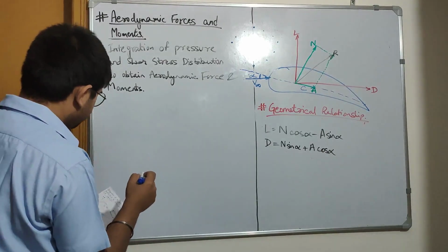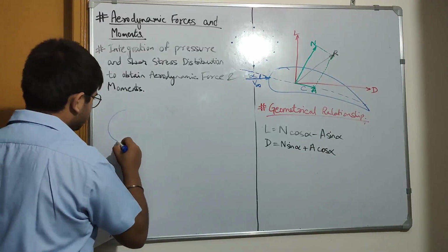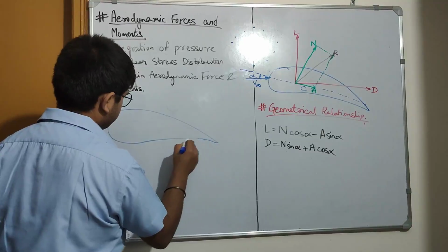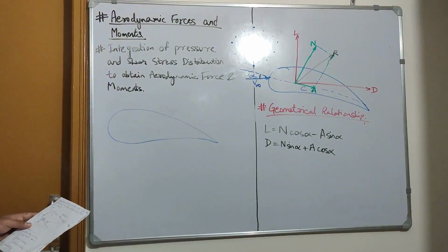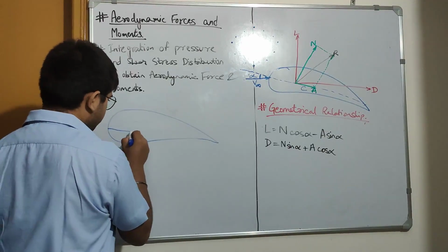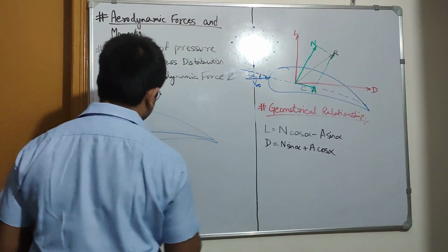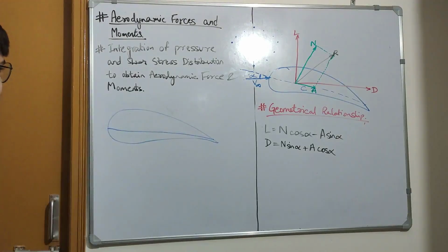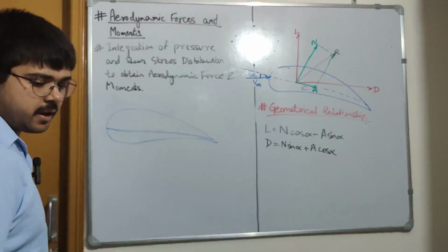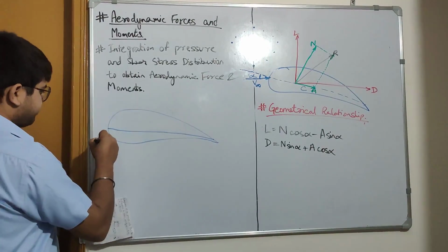So there is an airfoil like this. Unlike the previous one, this chord is horizontal, and the free stream velocity is coming like this.